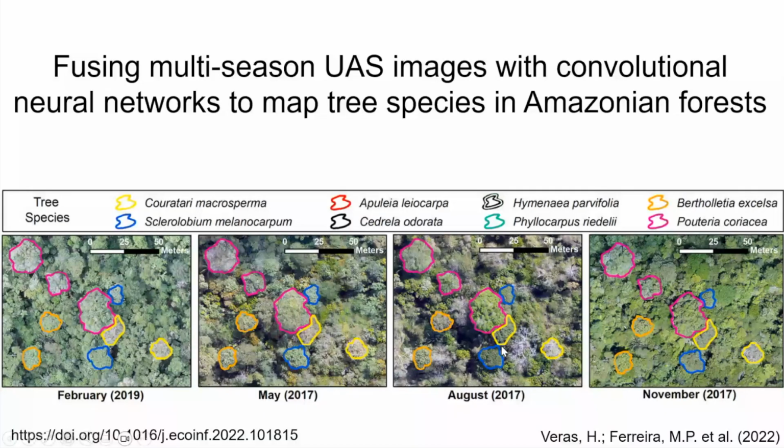Here we can see that the phenological patterns of each species vary a lot in this area. And by phenology here, we mean mainly leaf loss and also flowering and fructification. And we would like to investigate if a combination of images can provide better results than using single images to perform species discrimination.